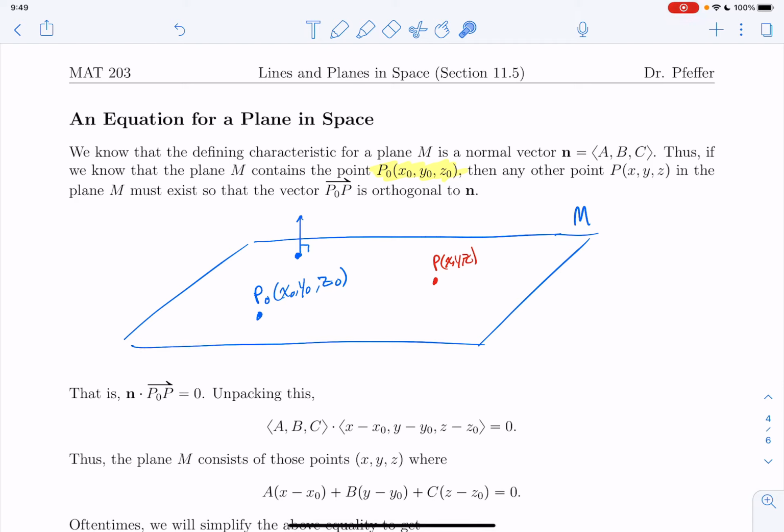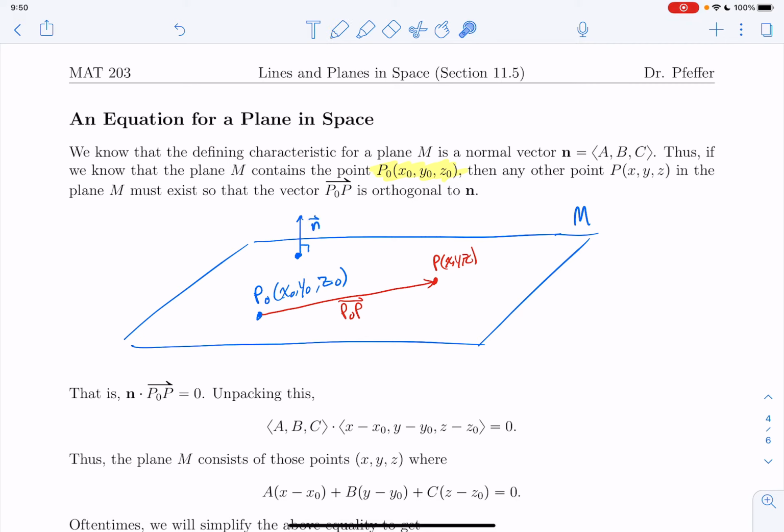The correct way to view this is that this is the set of all points p, such that if we draw a vector connecting p naught to p, and we look at the vector p naught p, we ask that such a vector, for any given p in the plane M, be orthogonal to the normal vector n.